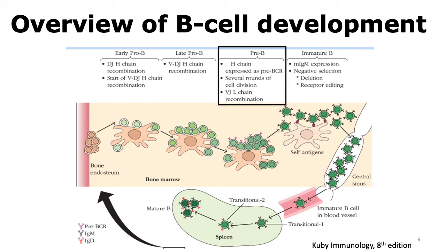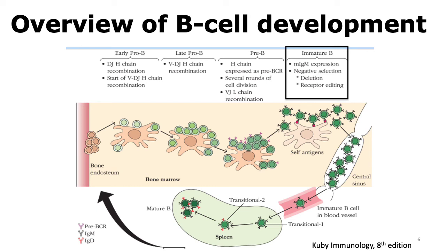The pre-B cell can come in two parts, which are the large pre-B cells, which will then differentiate into the small pre-B cells. The small pre-B cells will then differentiate to form immature B cells, which are able to express the membrane-bound immunoglobulin M, or IgM.